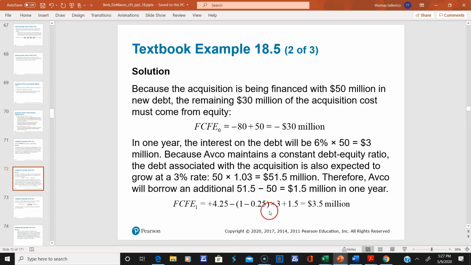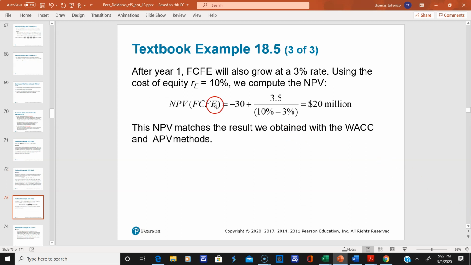And you end up with basically 3.5 million for that 1 year. And after year one, they grow at 3%. So using the cost of equity at 10%, the net present value comes out to 20 million.